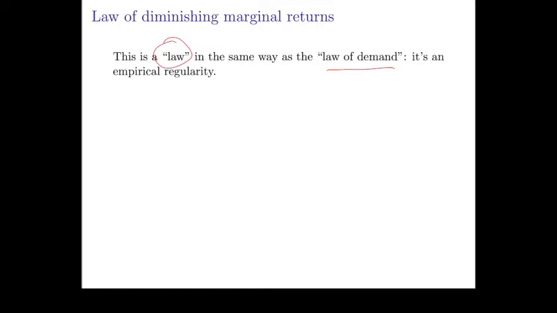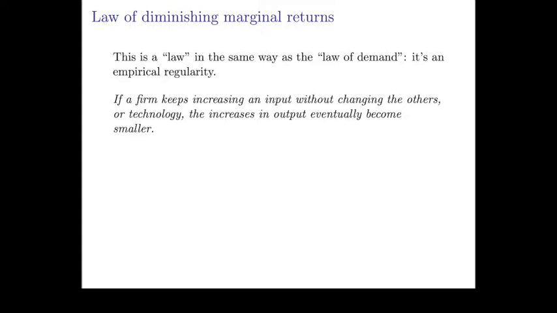It's something that we observe. It's an empirical regularity. So if a firm keeps increasing an input but doesn't change the others and has the same technology, then the increases in the output are eventually going to become smaller. That's what the law of diminishing marginal returns says. In other words, the marginal product is going to eventually diminish.